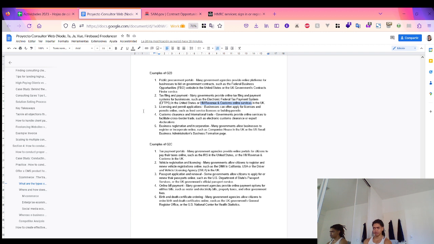The other is tax filing and payment. Many governments provide online tax filing and payment systems for business, such as the electronic federal tax payment system in the US or the HM Revenue and Customs online service in the UK.